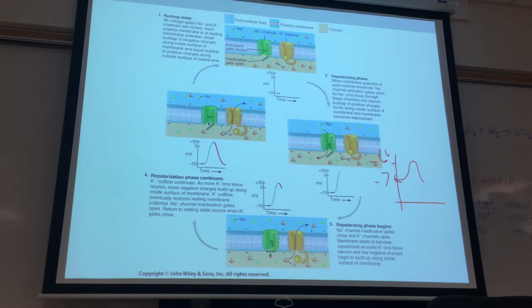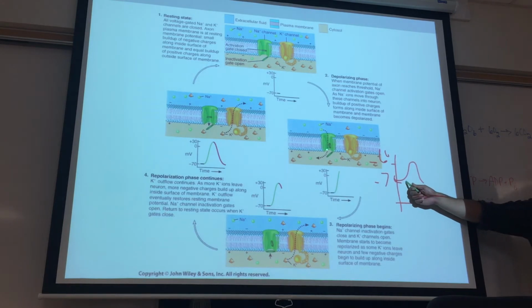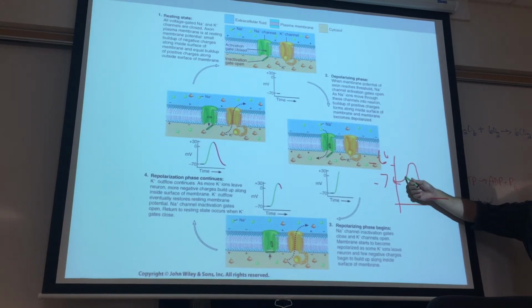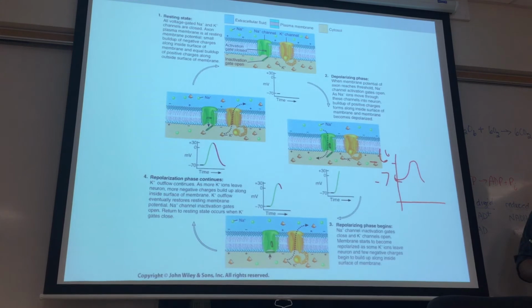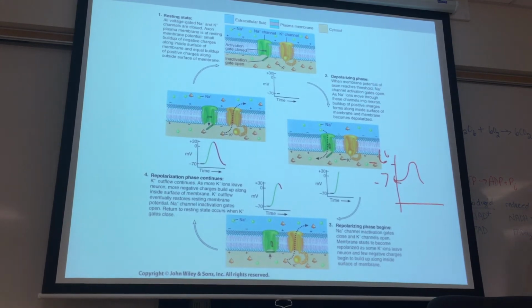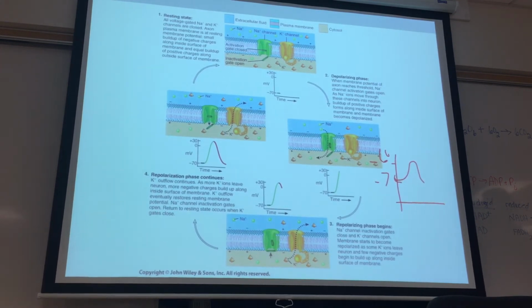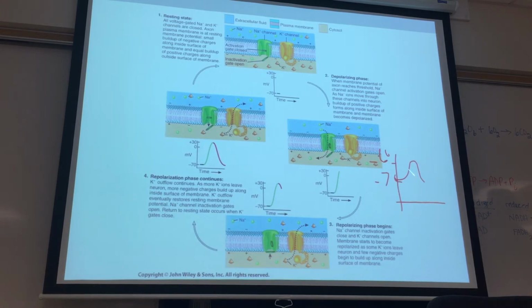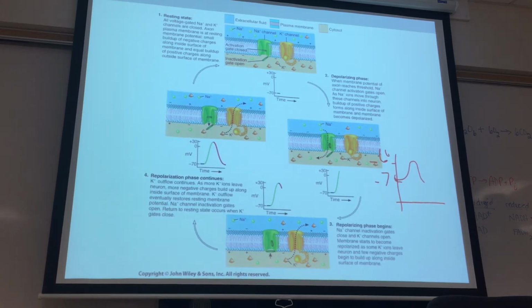So, depolarization, repolarization. Now, this piece we're going to get into on Thursday. This is the example of a graded potential, where the number of sodium channels that open will govern how big of a magnitude this is. If this is a graded potential, it's just a change in the membrane potential, that neuron just getting a little excitable.